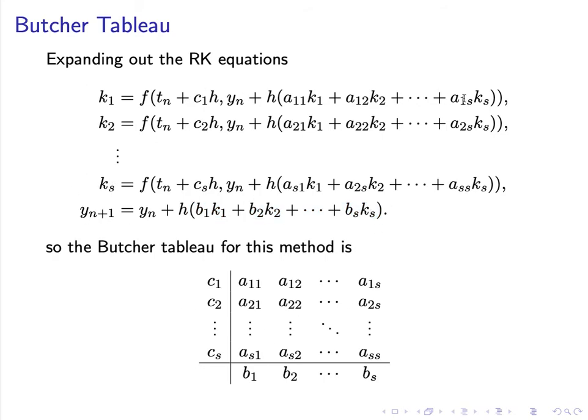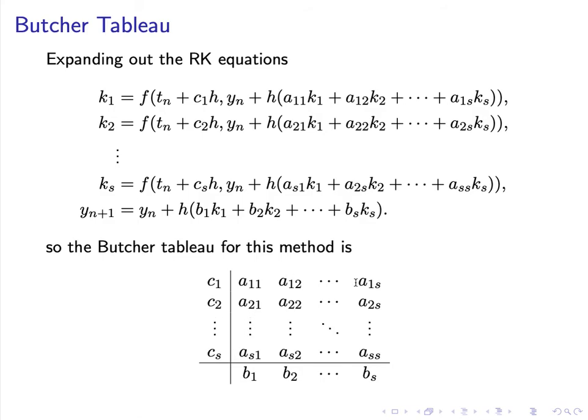So if we express this Runge-Kutta method as a Butcher tableau, we have the C values. This is the upper left quadrant of our tableau. So these C values, remember, this is what we multiply by our step length h and add to our value of t_n.